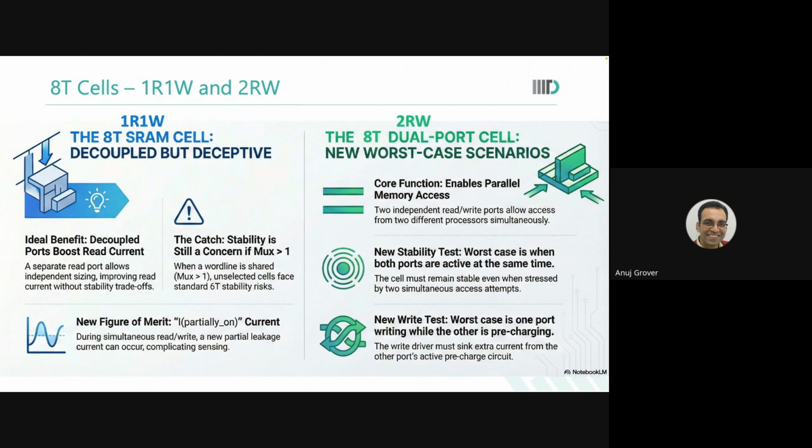In terms of cell area, dual port cell area is almost double that of the single port cell area. It enables you to go much faster. Those of you who have done computer architecture know that when multiple cores want to access one particular memory or one particular data, if you have two single port memories, then there has to be a memory controller that does coherence.